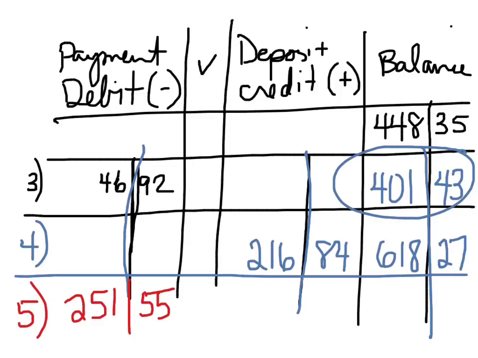So what 2 numbers do I subtract, Matt? Right? So what is 618.27 minus 251.55? Say it again, 366 what? 72? Okay, good.